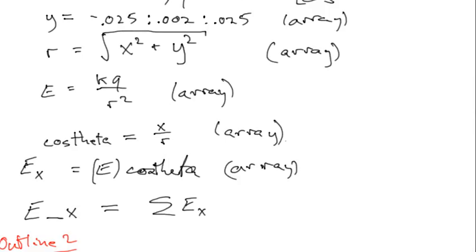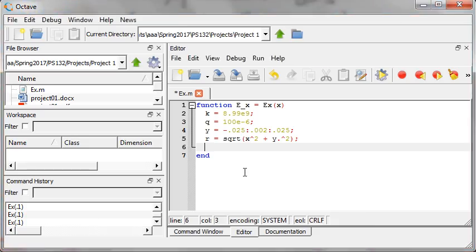Alright, let's see what we got. E equals K times Q, and I do need the times symbol in there, which is an asterisk, divided by R to the power of 2.